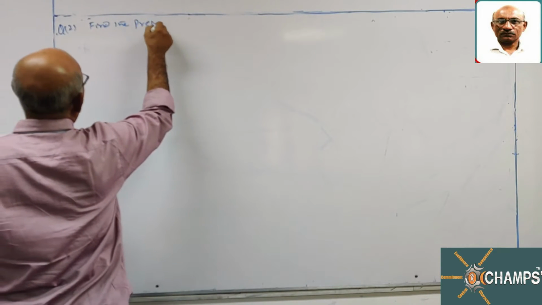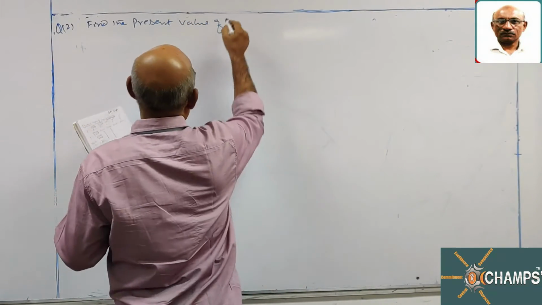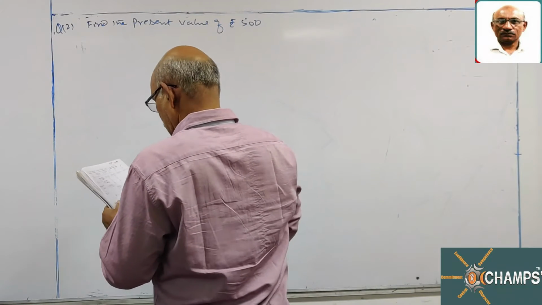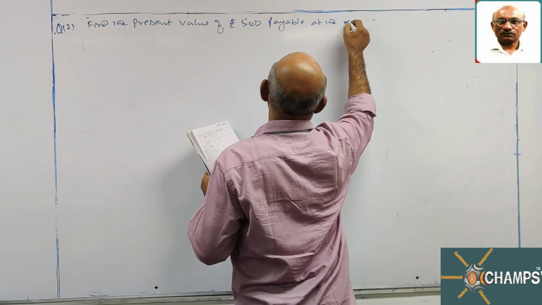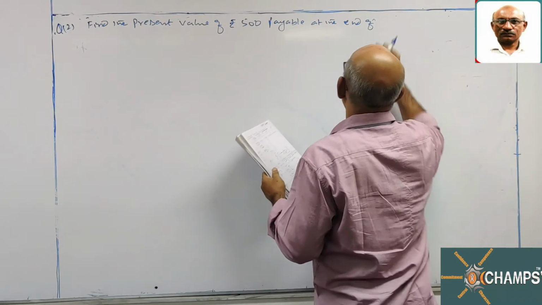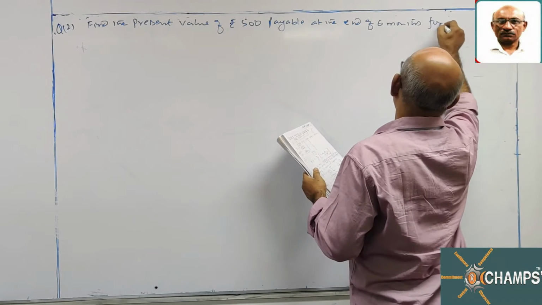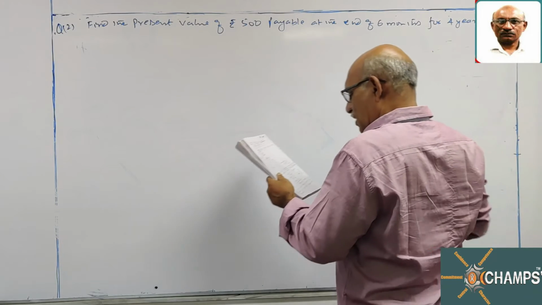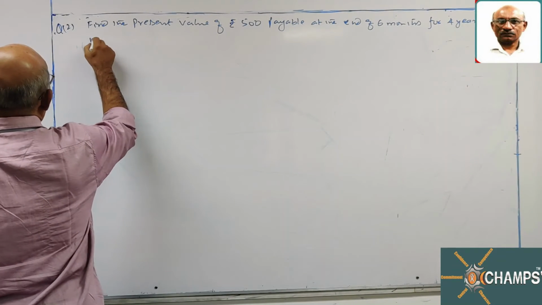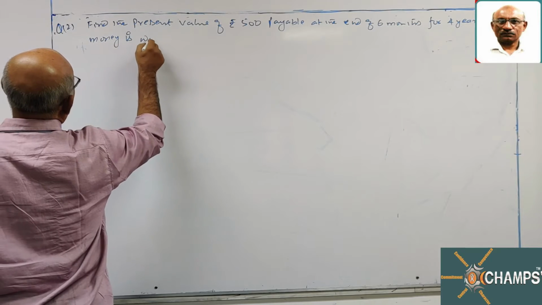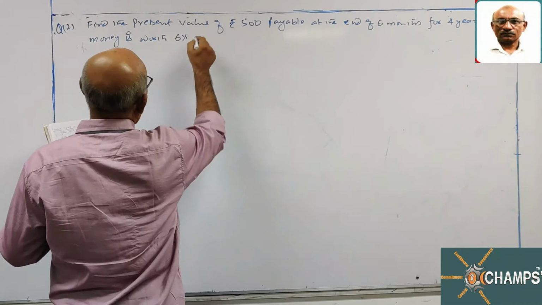Find the present value of rupees 500 payable at the end of 6 months for 4 years, if money is worth 6% converted semi-annually.